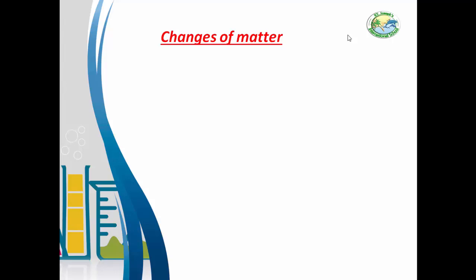As we said, matter has 3 states, but at room temperature it exists in only one state. It means that water at room temperature is in the liquid state. It can change if you put it in the refrigerator, but at room temperature it's one state, which is water. So matter exists in one state at ordinary temperature, but we can change it from one state to another by heating or cooling.